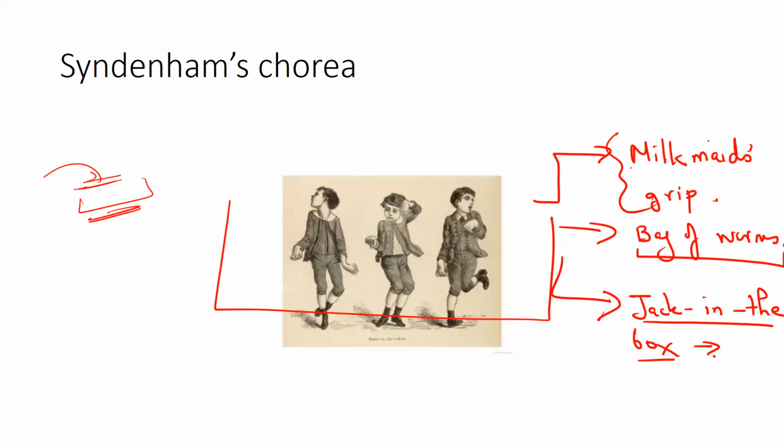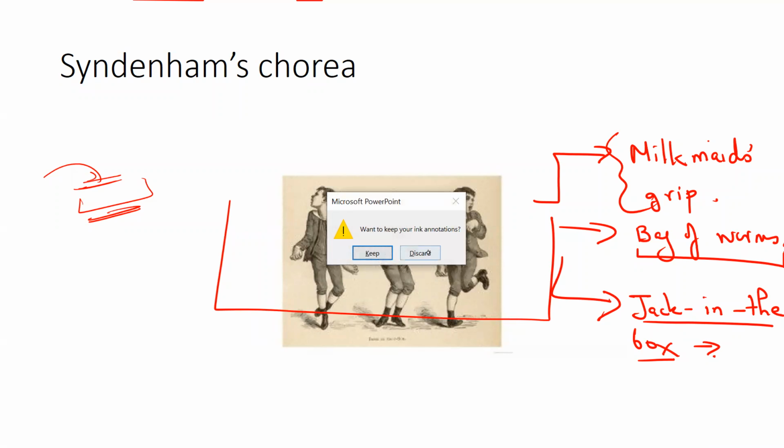So this is about Sydenham's chorea. Any other clinical manifestations? Sometimes the patient also gets fever, raised ESR, arthralgia, abdominal pain, epistaxis. Then let us come to laboratory investigations.